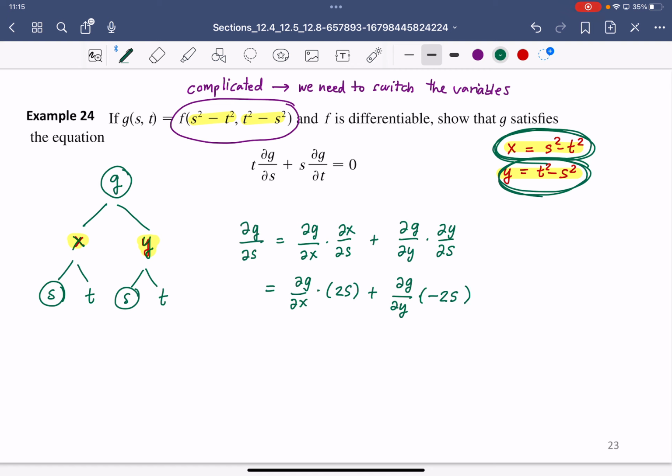And then now you multiply T to the function, you multiply T here, and here, right? So everything is going to be ∂G/∂X times 2ST minus ∂G/∂Y times 2ST, right?